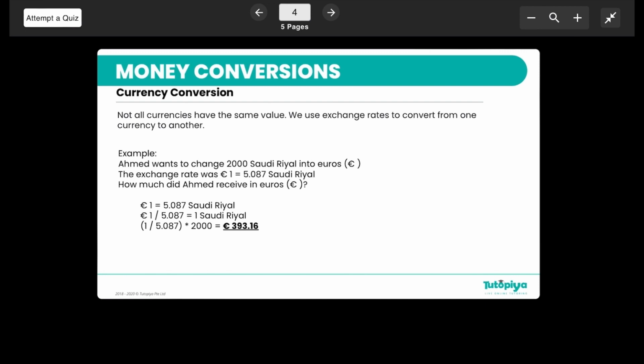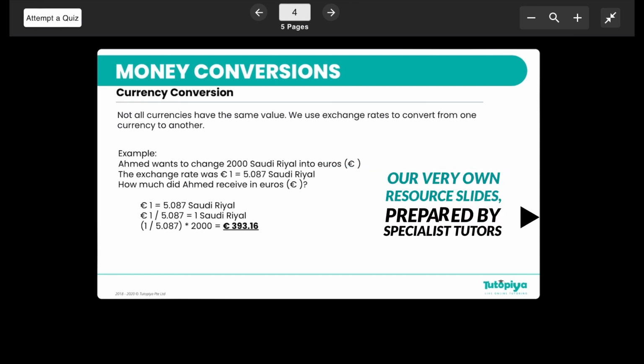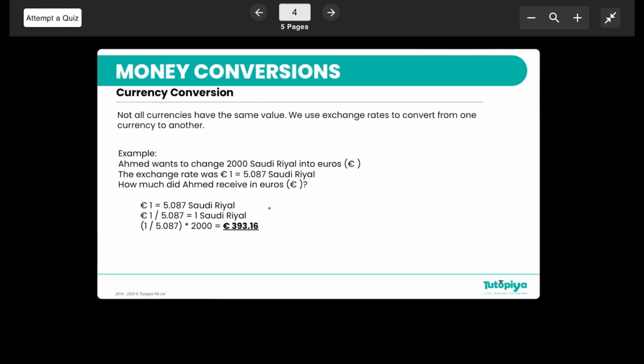So what I can do is convert the exchange rate the other way around. Currently it is 1 euro is equal to 5.087 Saudi Riyal, but I can divide the exchange rate by 5.087 on both sides, which then tells me how many euros is 1 Saudi Riyal.